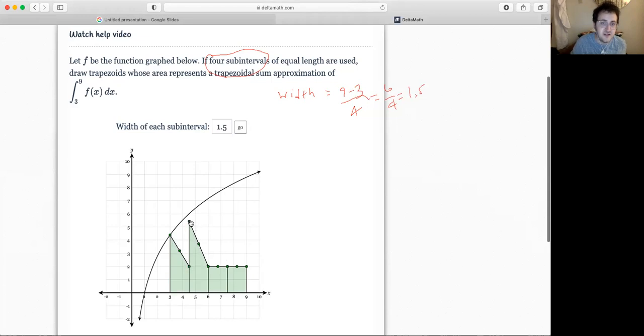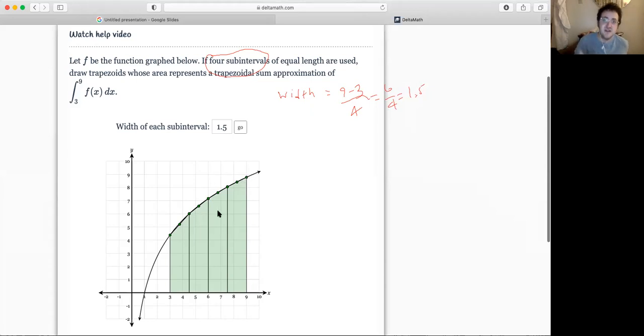So what you're going to do is drag this point. There's a trapezoid. We'll drag these points up to their y values and then make them into the trapezoids. And we can see that this really fits the curve beautifully.